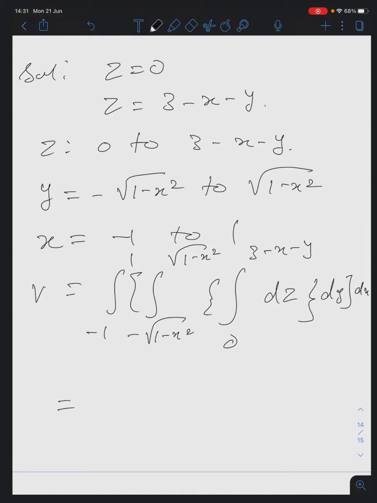Got the answer? Still solving? Got it or not?